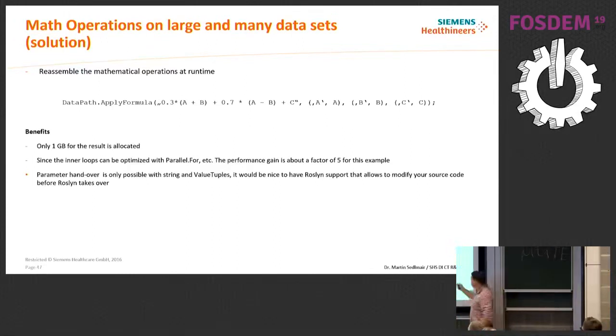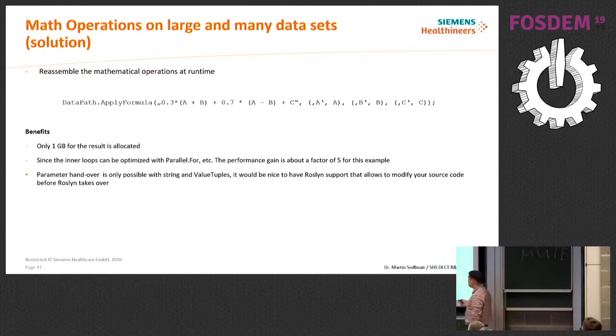So what we did is, you apply here a string, and some parser gets into this and recompiles your code and builds only one for loop around these 1000 slices and extracts this expression into just one expression call. So first of all, you have a factor of 4 of performance gain and only 1 gigabyte of allocation if you do this.